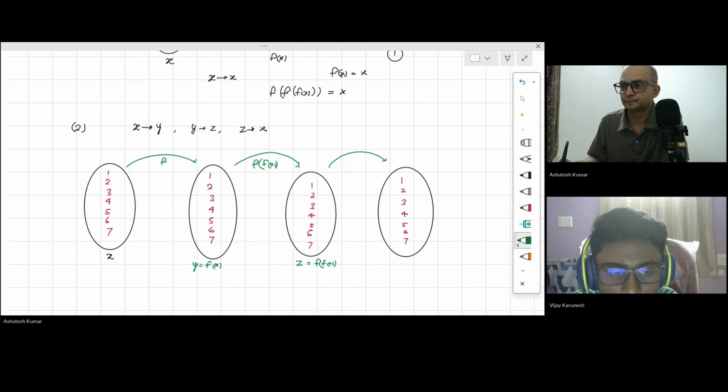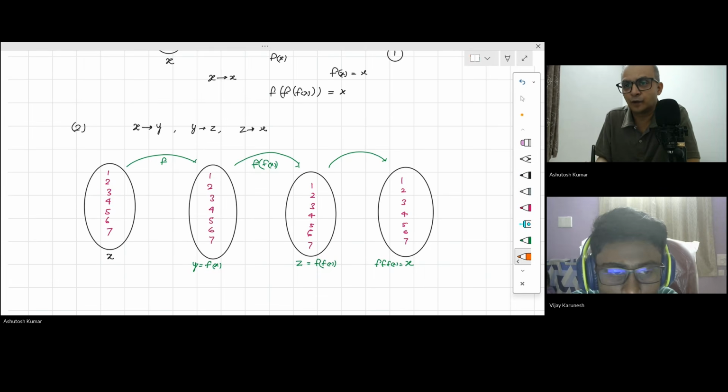Yes, sir. So this is actually f of f of f(x) is equal to x. So let's try to figure it out. Suppose this is one case I'm discussing, okay? So please understand, this is not all the cases we can draw in a permutation. It happens like this.